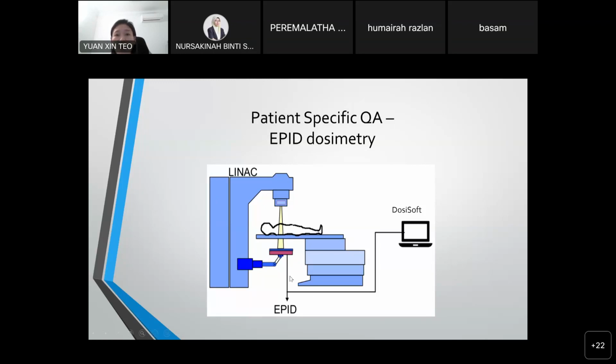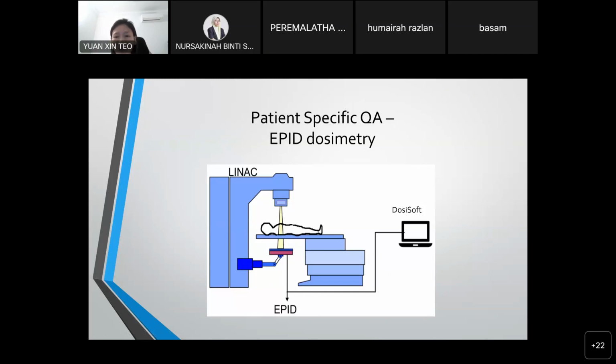So when the patient finishes the treatment, they have also collected all the beam delivery fluence maps on this EPID. Then by using Dosisoft software, they can analyze the result, whether the patient's treatment is correct or not. This is called real patient QA, in vivo dosimetry.